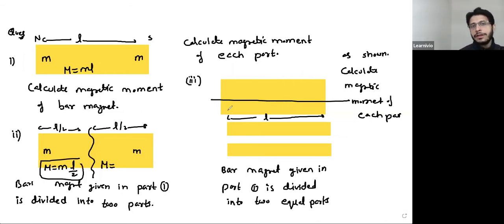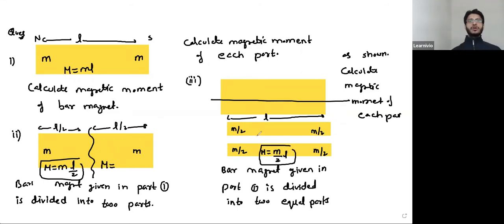In the third case, the magnet is divided into two equal parts, each with pole strength M by 2, and the magnetic moment here is M by 2 multiplied by L. So this is how we calculate magnetic moment if you divide a bar magnet into parts. Is it clear?